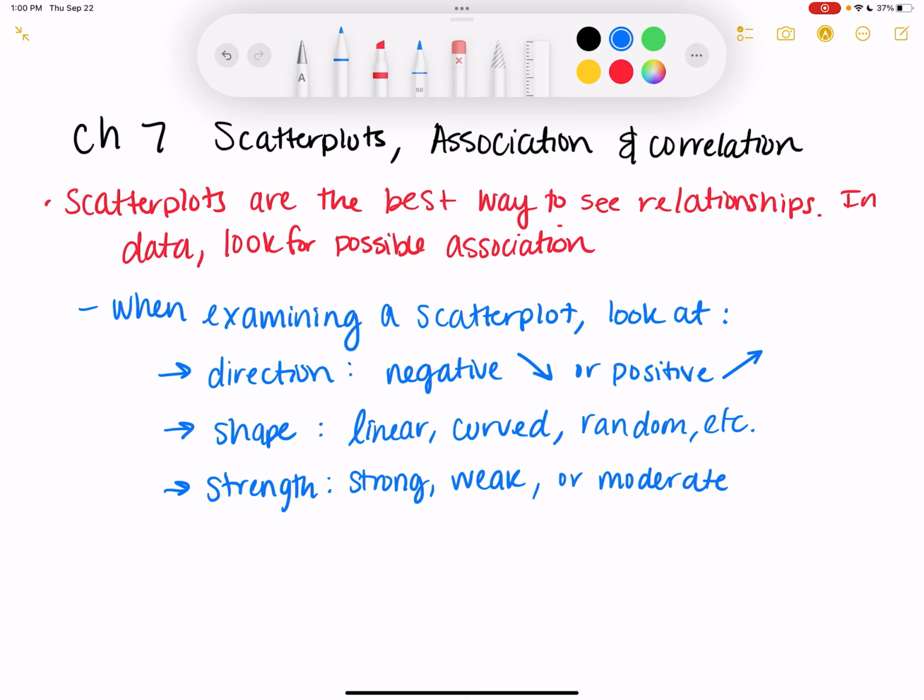We look for possible association when examining a scatter plot.